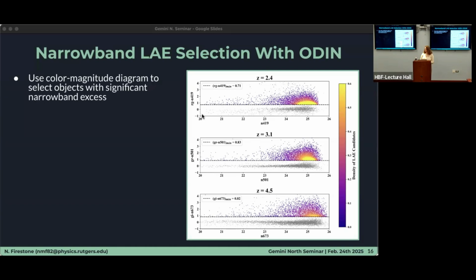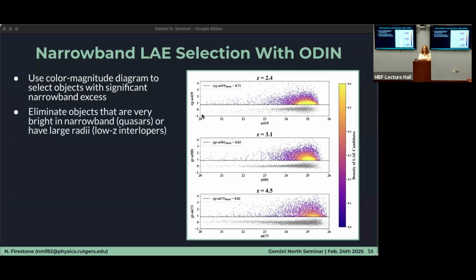And you can see that they typically hover around a narrowband excess of 0, indicating that they have no emission line feature. And this shows us that our LAEs are distinctly a different population from the overall sample of objects. So we use these diagrams to select objects that have significant narrowband excess.